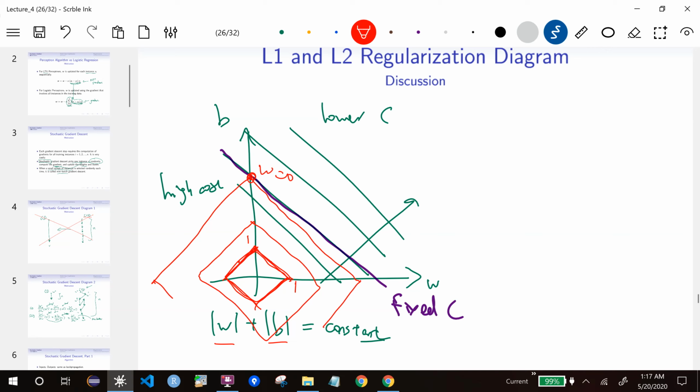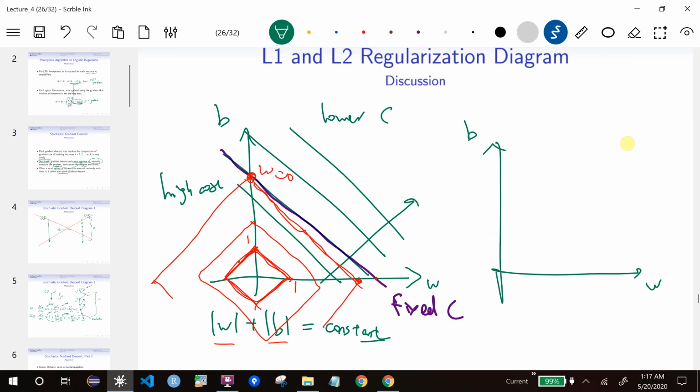So if we imagine the slope slightly differently, we may be hitting that point instead. So it's highly unlikely that we hit something in the middle. It's more likely that we hit either B is 0 or W is 0. So this is the intuition why in the previous slide I said L1 regularization would lead to some of the weights being exactly 0.